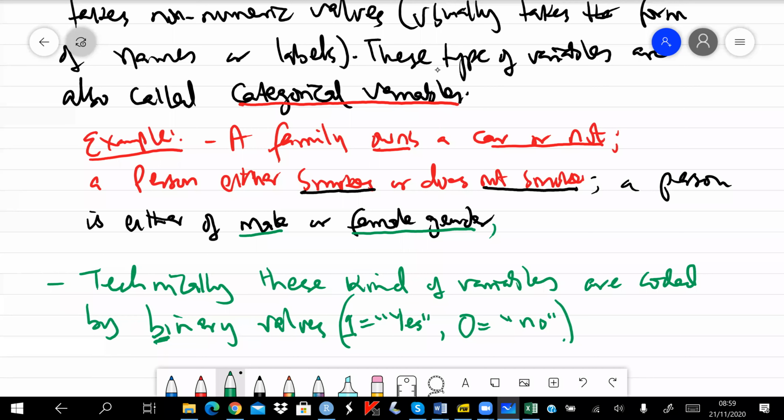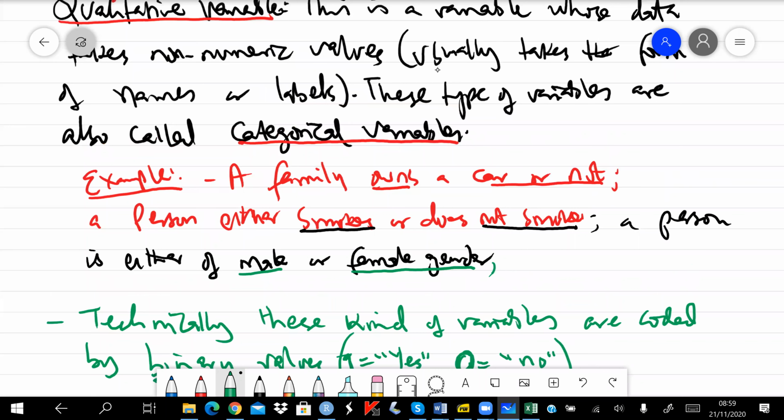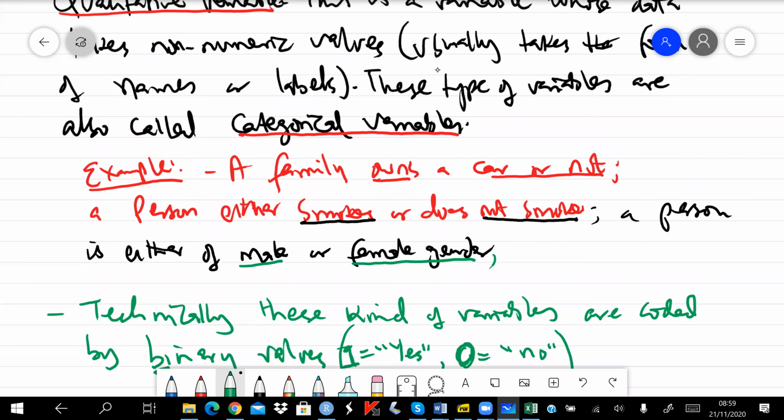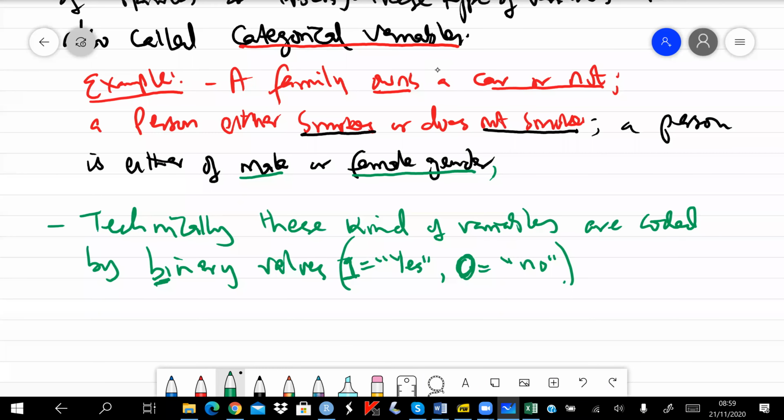So instead of writing the words yes or no, we code it. We code the responses into 0 and 1. So we try to write the answers in form of numbers. Remember, we said that the categorical variables give data which is in form of names or labels. So instead of working with the names, yes or no, we code the data into ones and zeros, where 1 signifies a yes answer and 0 signifies a no answer.